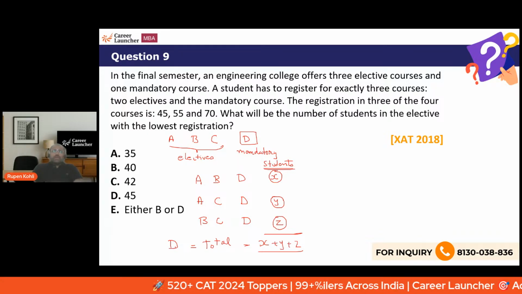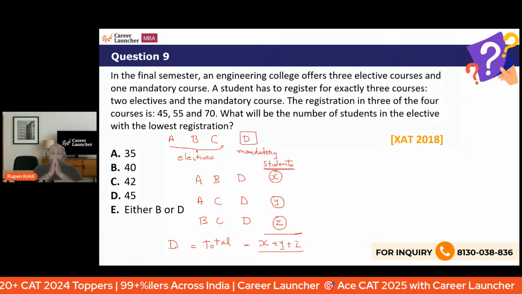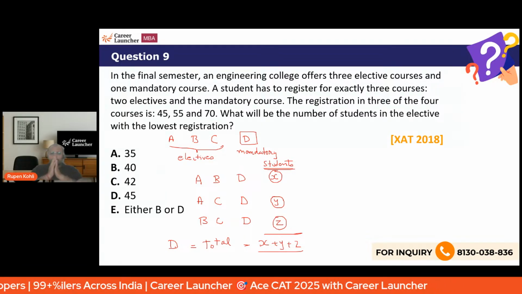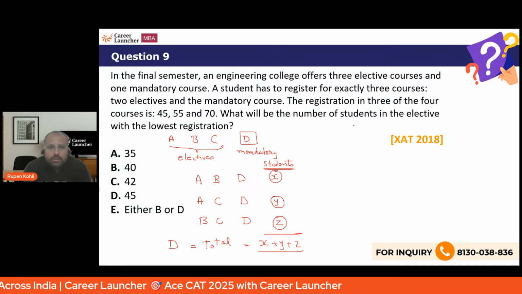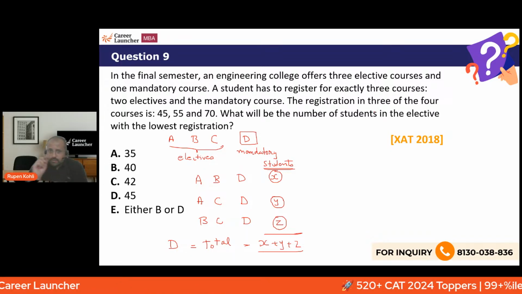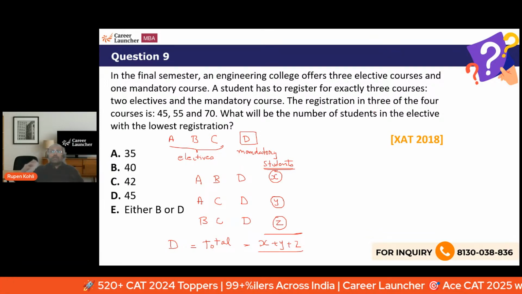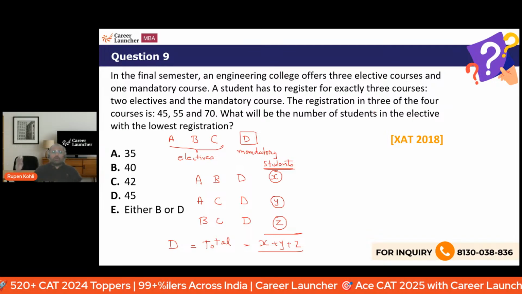Now we are looking for the number of students in the elective with the lowest registration. All right. Now we don't know whether these 3 courses we are talking about, with the numbers 45, 55, and 70, include the mandatory course or not.